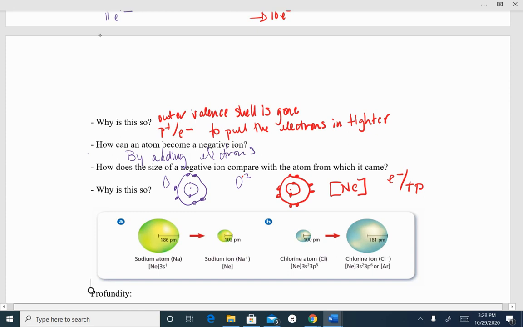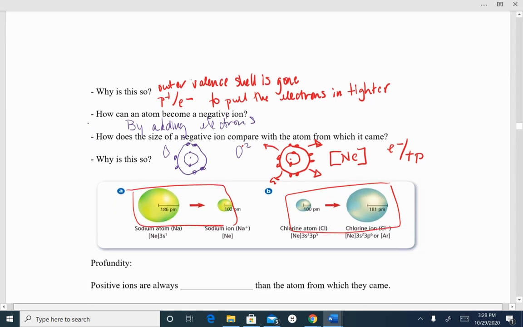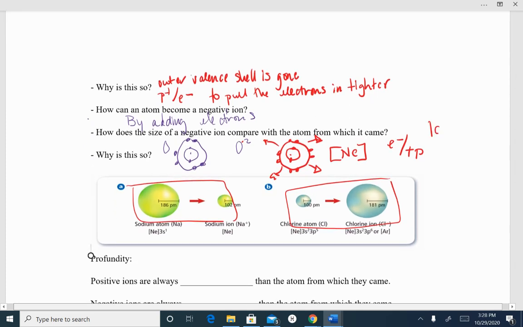That means these electrons get pushed out because I have more negative charge than I have positive charge from the protons. So my negative ions are going to be larger than the atom from which they come, and my positive ions are going to be smaller.